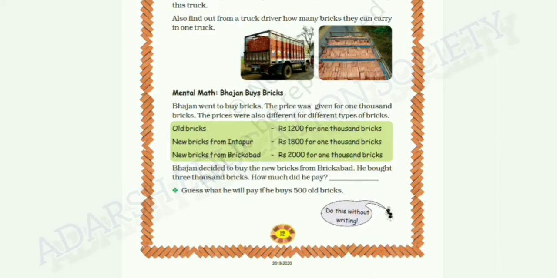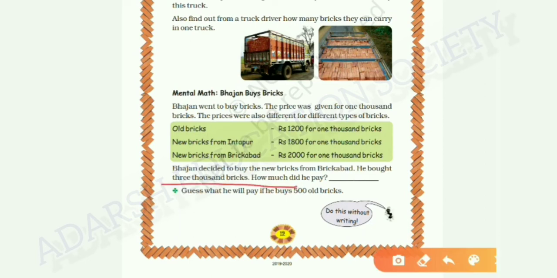Now Bhajan decided to buy the new bricks from Brickabad. He bought 3000 bricks. How much did he pay? Here Bhajan wants to buy new bricks from Brickabad. The third one you can see in this chart.